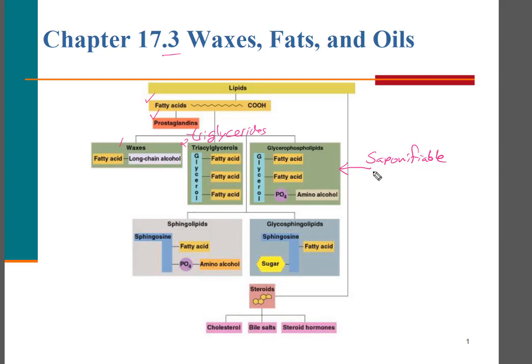That's the base hydrolysis. So saponifiable lipid, saponification is the base hydrolysis of esters. So the fact that I'm saying these are saponifiable lipids basically means that they have an ester. And we'll look at that functional group in just a moment.